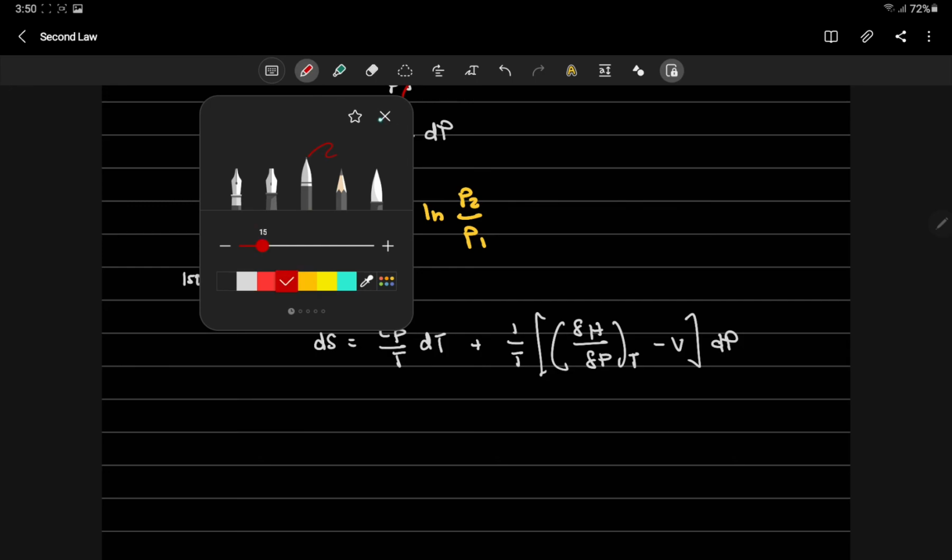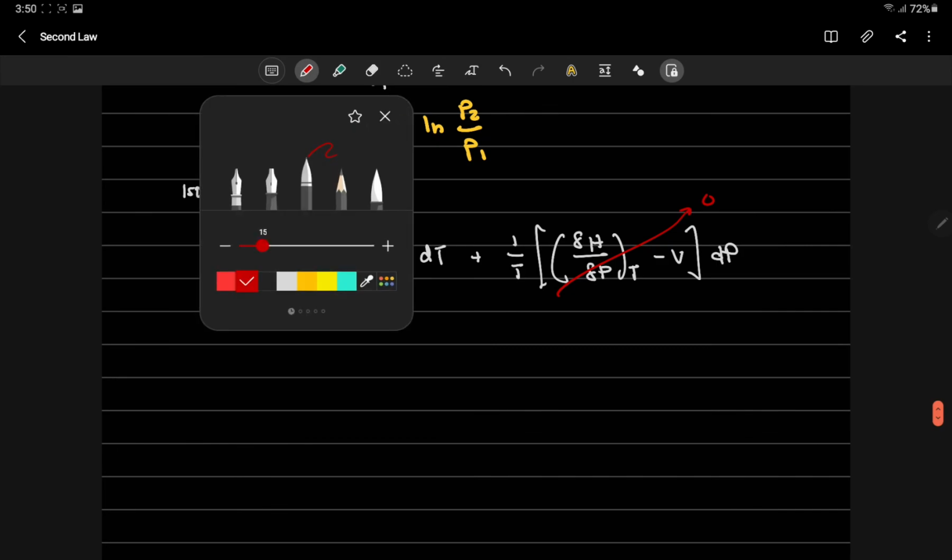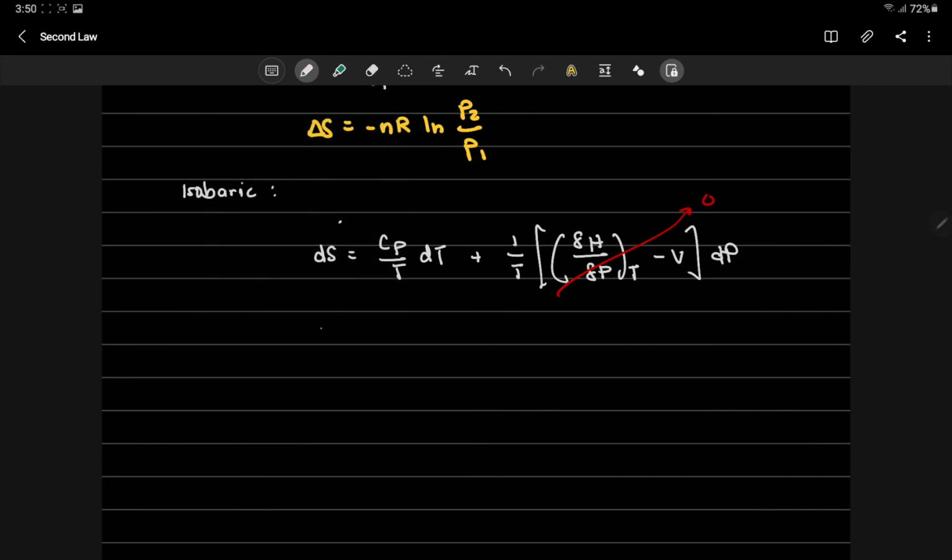So, ano makakancel? Buong term na to cancel. 0 yan. Okay? So, wala tayong pakialam kung ideal gas man o hindi. So, ang maiiwan sa ating equation, therefore, is dS equals Cp over T dT.